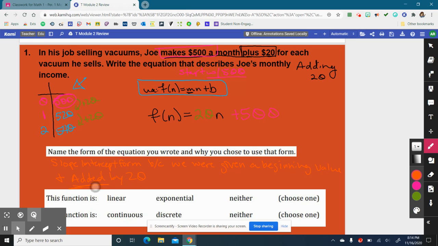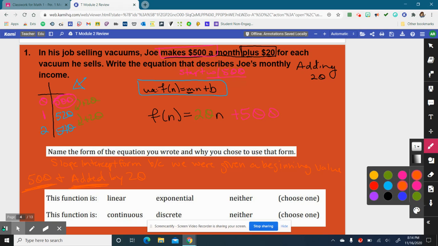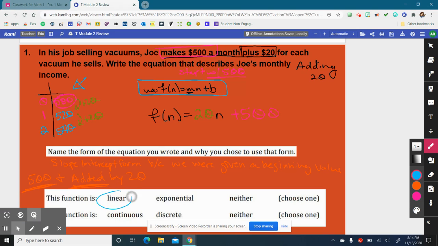That adding by 20 tells me I'm using some type of linear, but because we are given a beginning value 500, that tells me use slope-intercept form. So this is a linear function because we add.